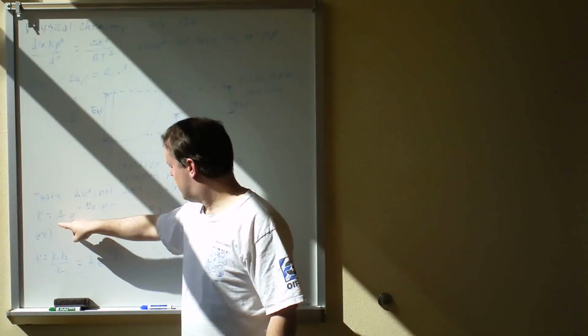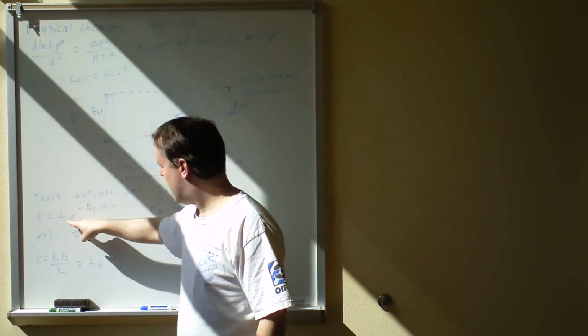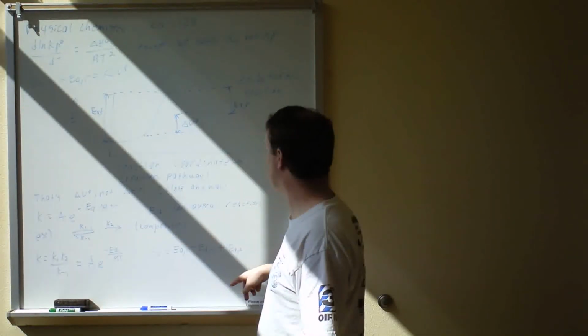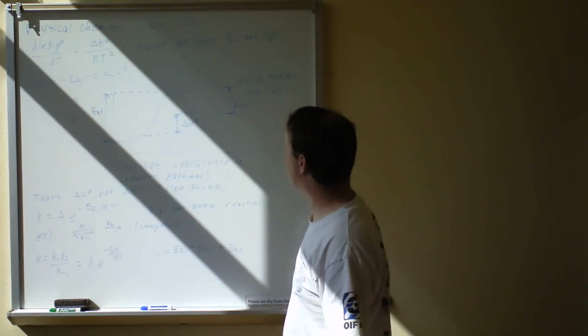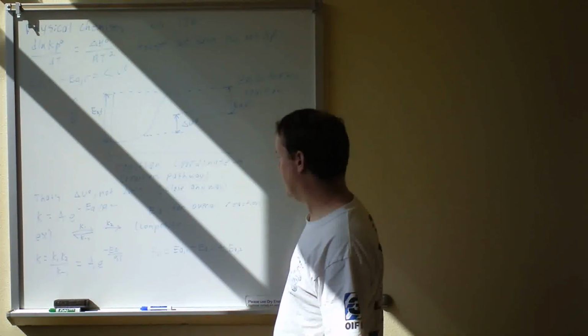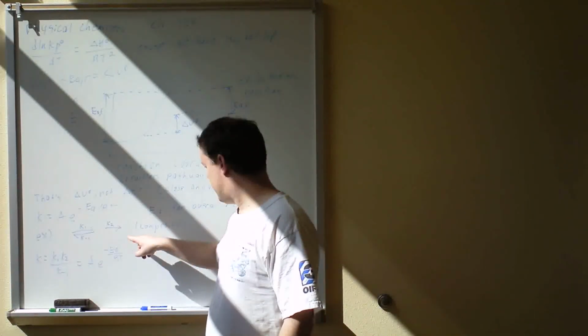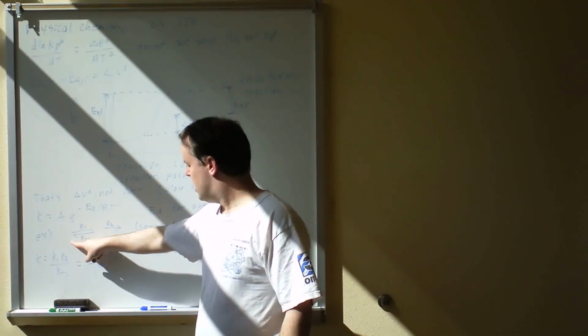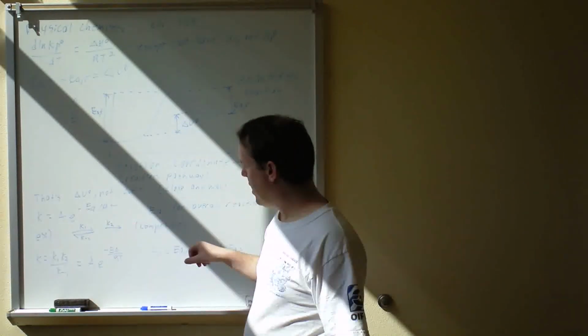So remember, this is the Arrhenius equation. K is equal to A times e to the minus EA over RT. And remember, this is the activation energy for the overall reaction. So, for example, let's say we have a composite reaction where we have equilibrium and then a one-way reaction.